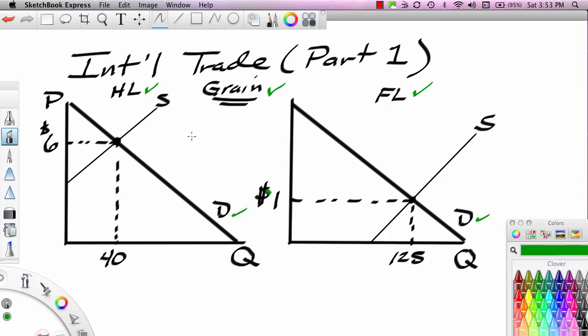and that's going to simplify our analysis. We also notice that both countries can supply grain, although in Hillland it's very difficult to supply grain. The land is hilly, rocky, it's not very level. It's very difficult to use big equipment, so when you farm in a hilly territory, you're basically going to have to farm by hand.